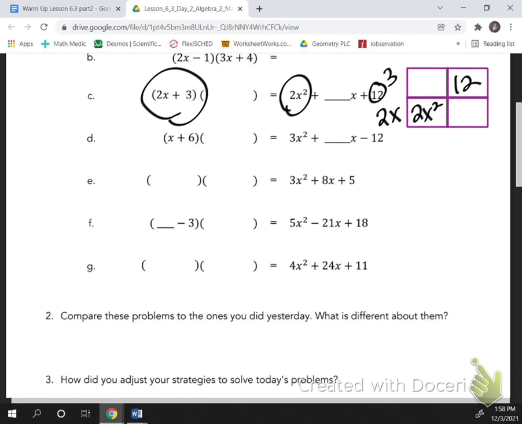So now we need to figure out the missing pieces. So what times 2x gets you 2x squared? Yeah, like what should go right here? Right here. Just 1x, okay? So then this box will become 3x. What has to go here? Right here.